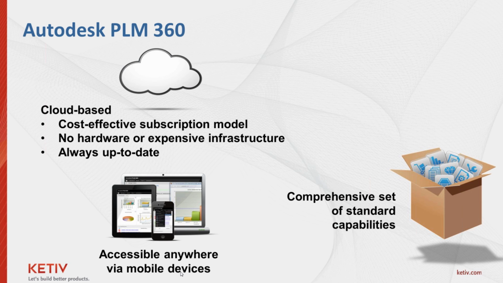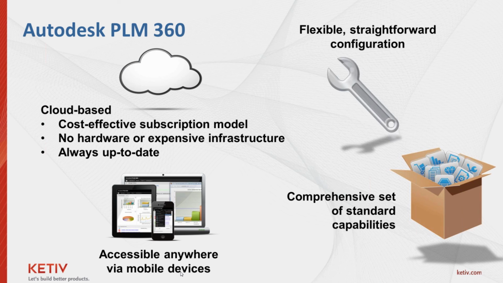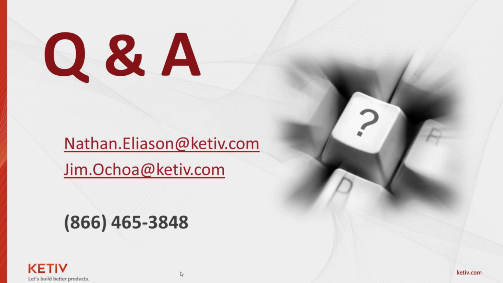So it's not like you start with BOM, then later buy a new module to expand to quality or to change management or other parts of PLM 360, but rather you get all of the sets of capabilities that come standard with the product. And then, as I mentioned earlier, it comes with templates that are flexible but really are straightforward to configure. So it helps you get up to speed quickly, and because it's expandable, you can start with one part of the process and then you can start adding new and additional capabilities over time.